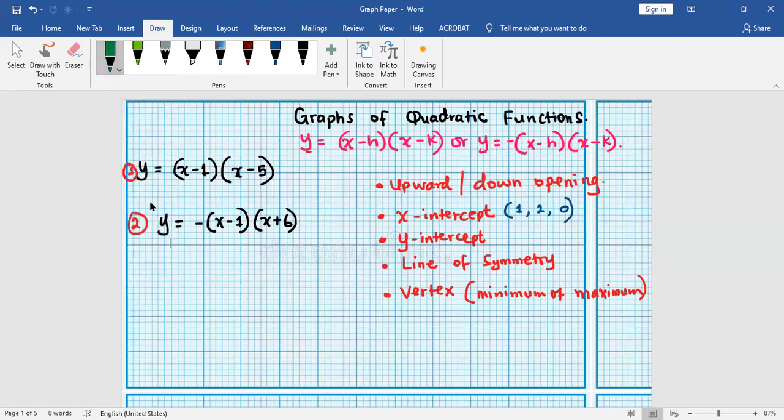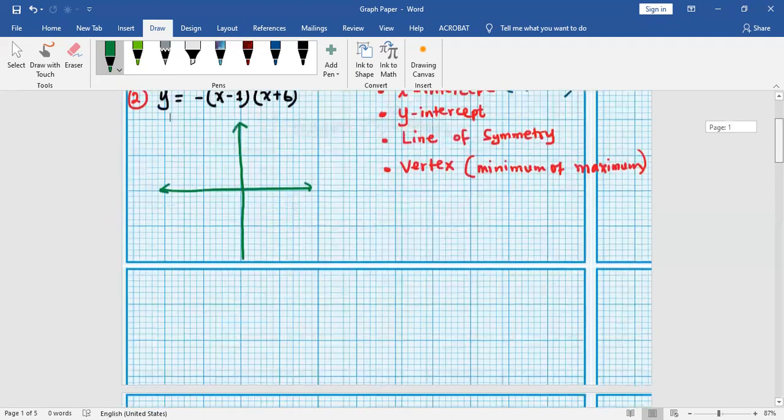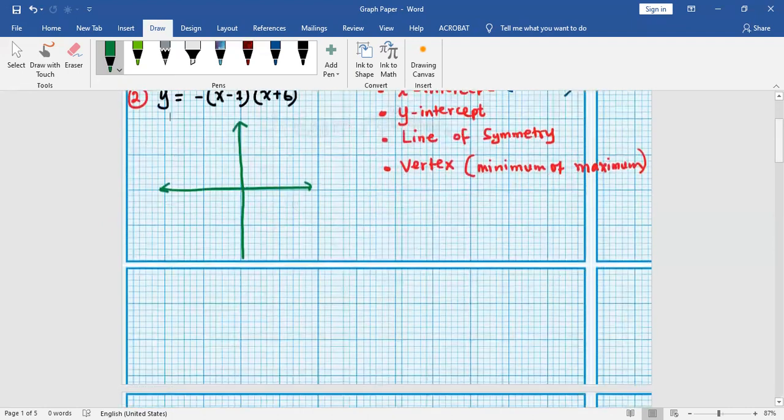So we have the x-axis here, and we have the y-axis. So we can go ahead and name them. This is the x-axis, and this is the y-axis.